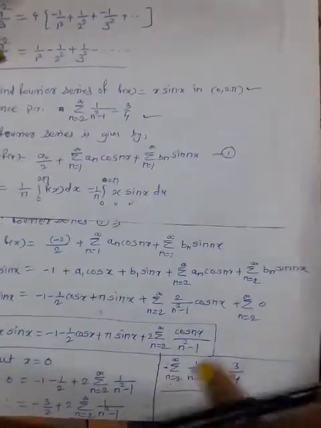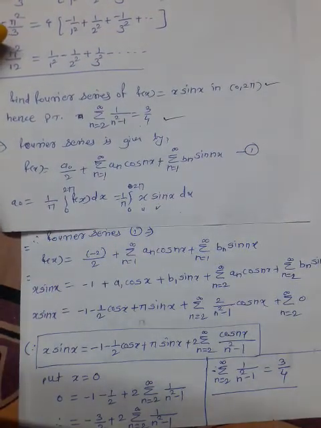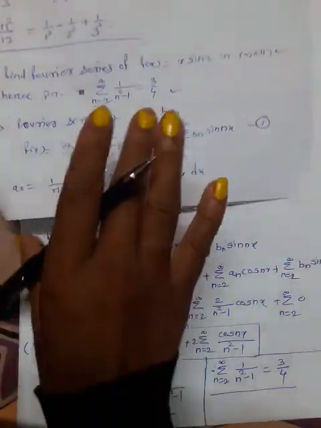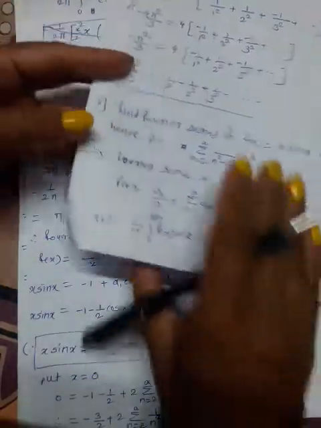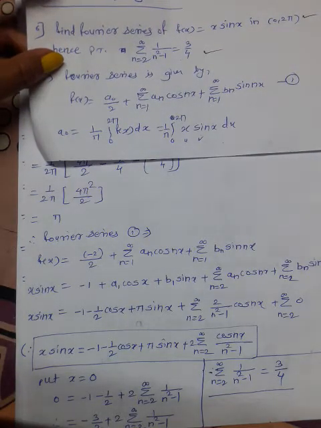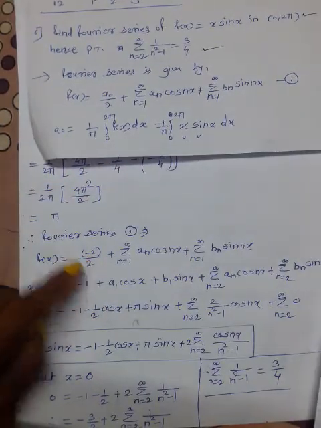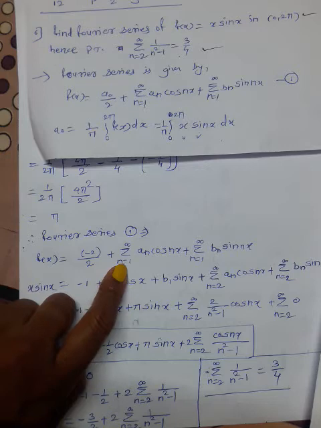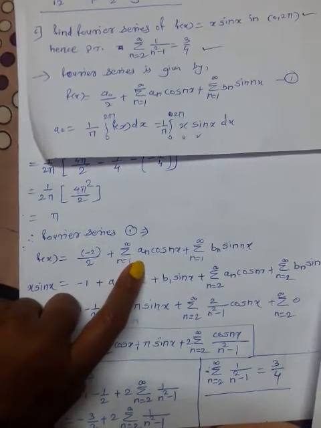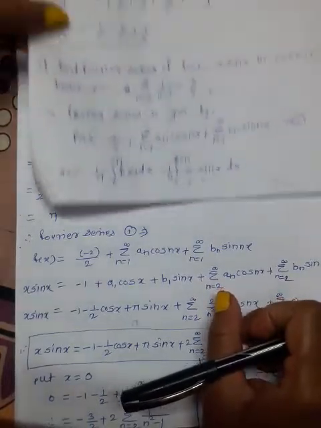The Fourier series f(x) becomes a naught by 2, a naught is this one, minus 2 by 2, plus summation over n is equal to 1 to infinity a n cos nx plus b n sin nx.